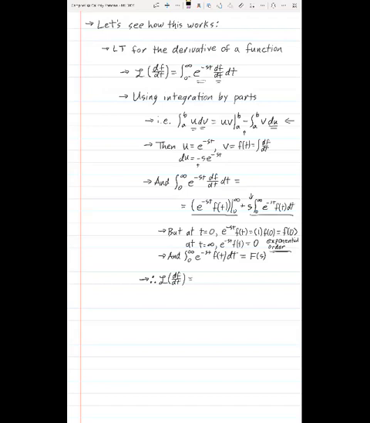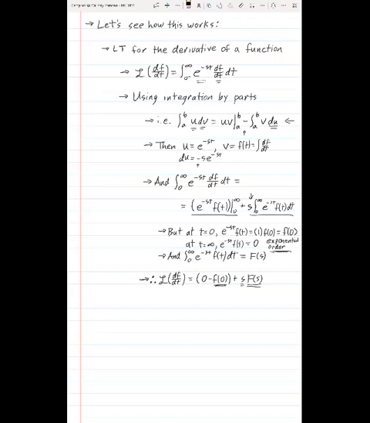From the first term, we get 0 minus f of 0, effectively our initial condition, plus then s times F of s. And sure enough, there it is. We're taking the derivative. We just go ahead and multiply the transform function by s, reflecting that we took a single derivative. And then the nice thing is we also were able to capture the initial condition.